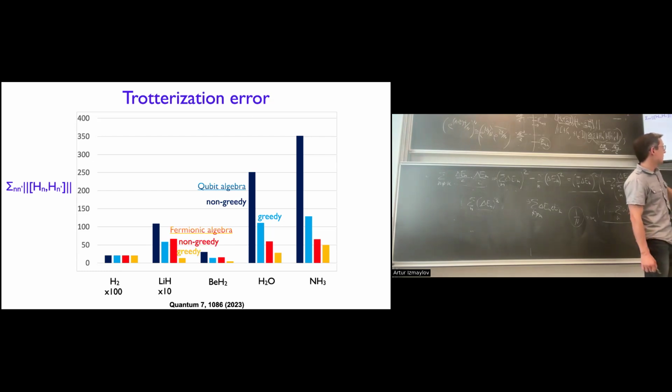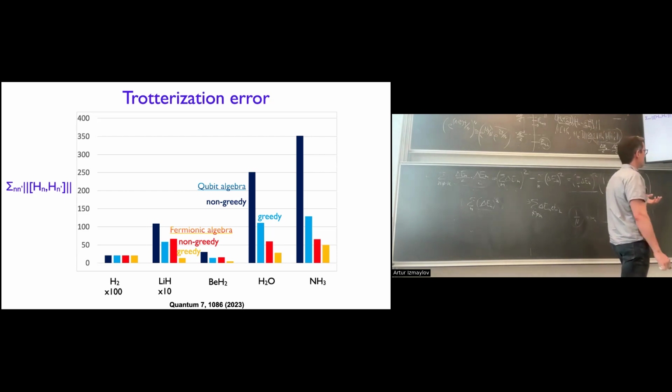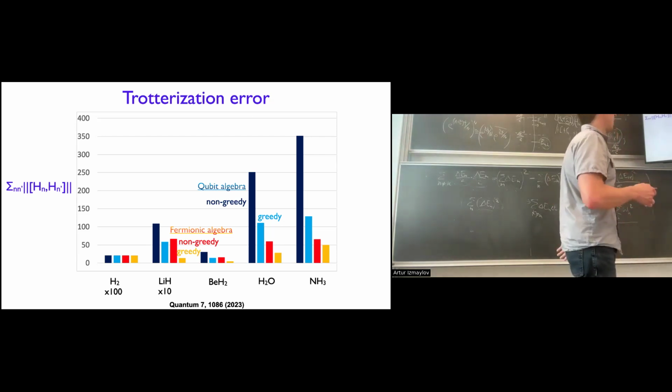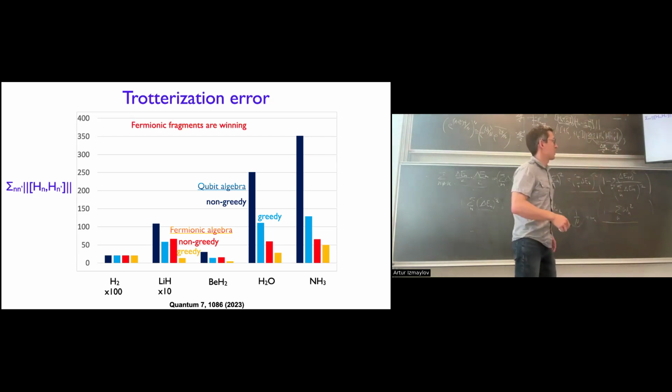And then there are the red and orange, the fragments coming from fermionic algebras. There, the message is that again the same greedy orange works better than non-greedy. And in general, you can see that fermionic algebras work better than qubit algebras. Fermionic fragments are winning in all these cases.